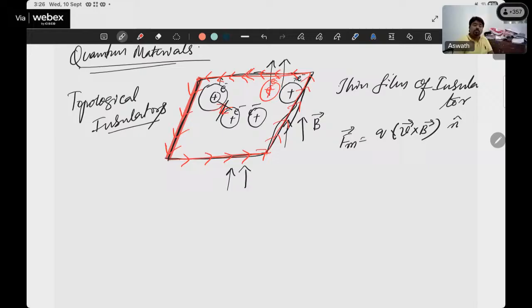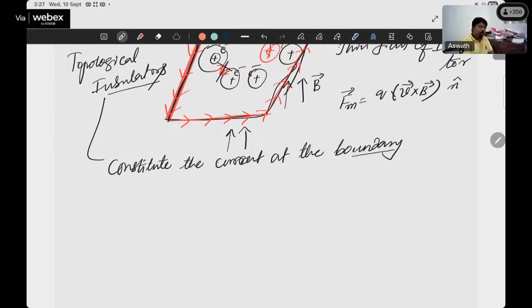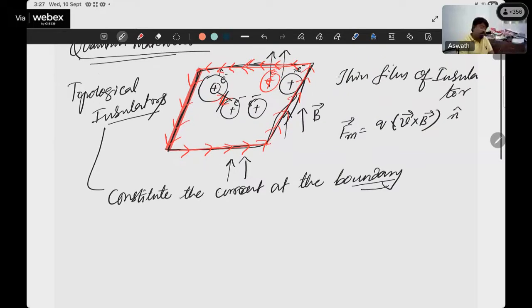So topological insulators constitute the current at the boundary. So that is a current, by the way. That is very good.